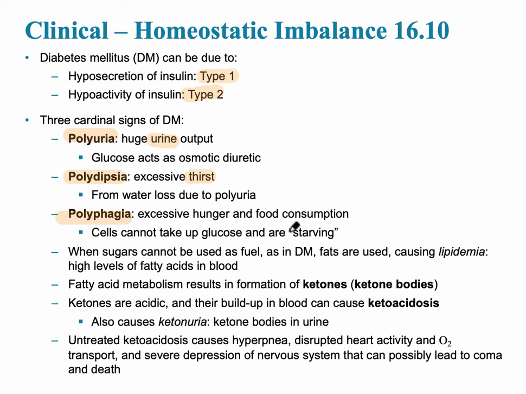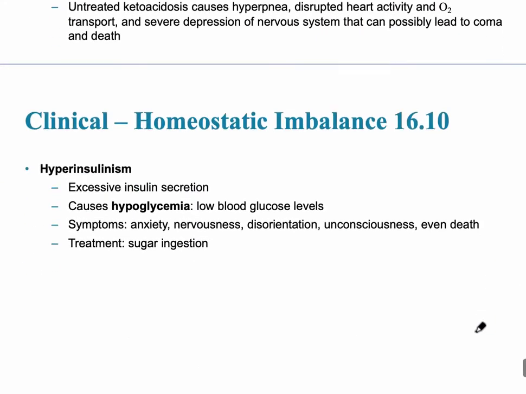And when the sugars can't be used, the fats are used, but this causes lipidemia, which is high levels of fatty acid in the blood, and that's a risk factor then for cardiovascular problems. So when fatty acids are metabolized, the resulting chemical that's formed are called ketones. Ketones produce a fruity smell that these patients will exhibit.